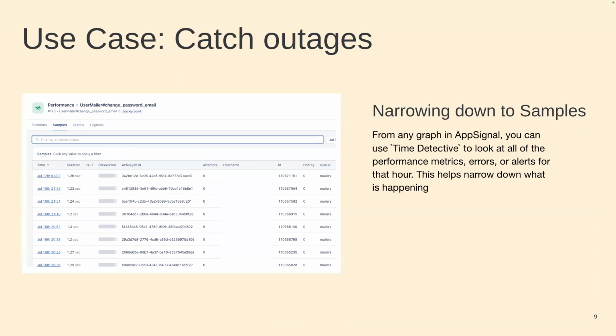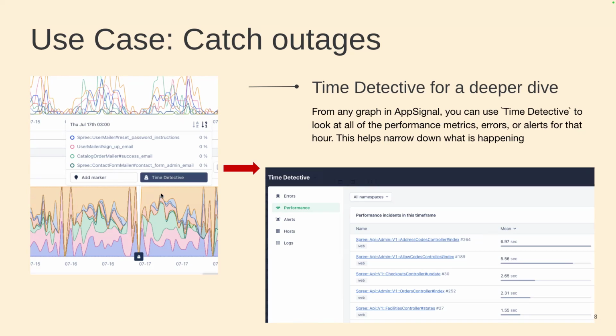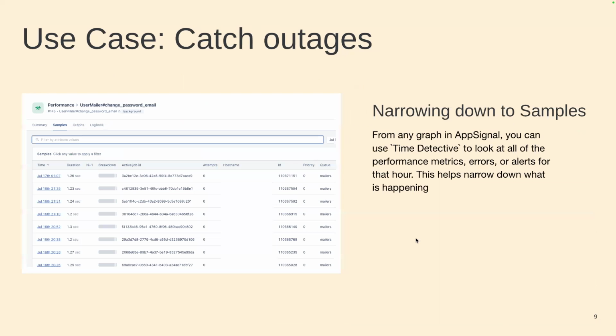So based on that last screen, sorry. So I went here, time detective opened up. I wanted to see one of these that was slow. I clicked on that link, and now I'm in here, which is the samples page. So narrowing down to samples. From before, I'm looking at large data, like a bunch of events happening, and then I want to narrow down to the time I want to look at.